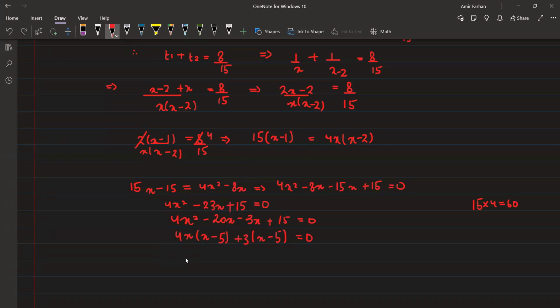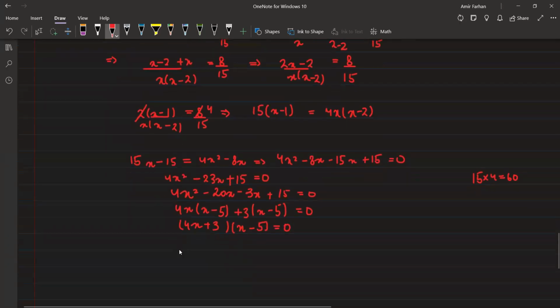Okay, clear everybody? So 4x plus 3 and x minus 5 is equals to 0. So the value of x can be: x will be equals to 5, or x will be equals to minus 3 by 4.